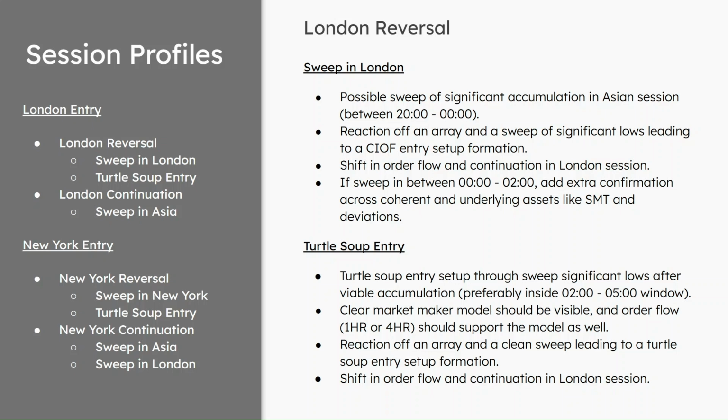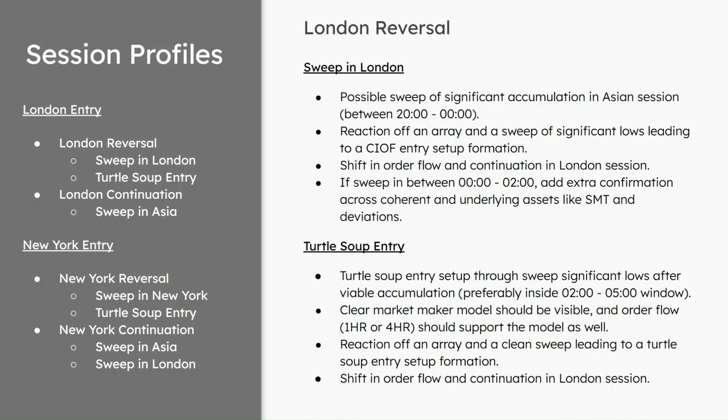If the sweep happens between 00:00 and 02:00 Eastern Standard Time, we better add extra confirmation across coherent and underlying assets, like SMT and deviations. For example, if we are looking for a London reversal setup and a sweep in London on maybe the GEO chart, and the sweep happens in this particular time frame, 00:00 to 02:00 Eastern Standard Time, then we better add extra confirmation across coherent pairs.